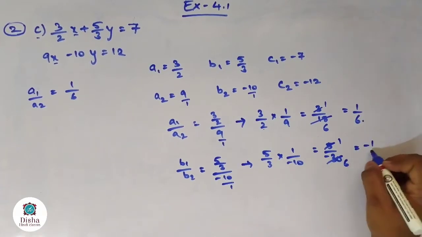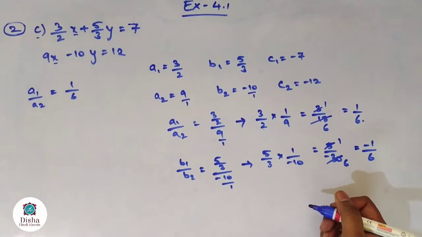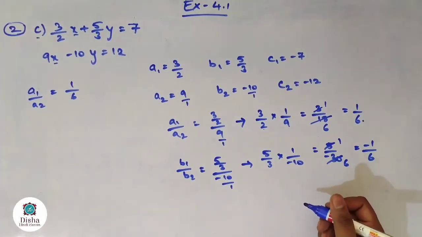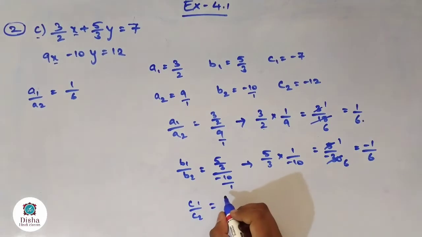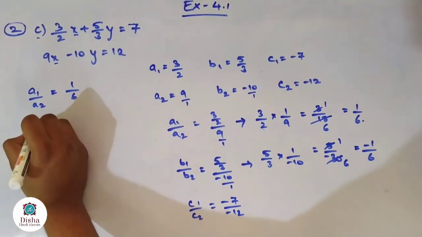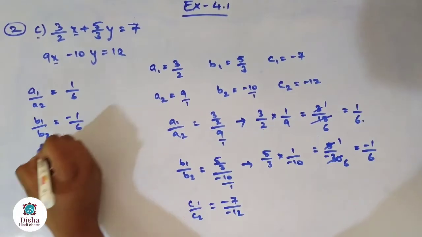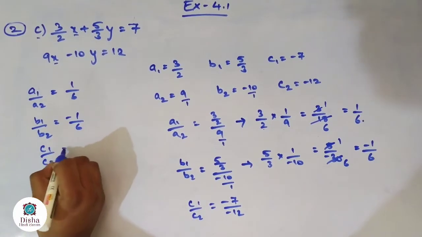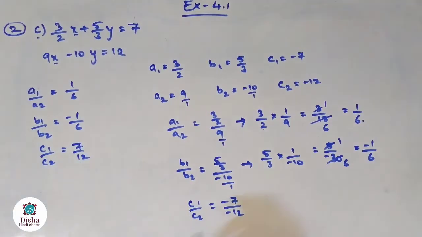So it will be minus 1 by 6. Next we have C1 by C2. That will be equal to minus 7 by minus 12. So B1 by B2, let us write here, that is minus 1 by 6. C1 by C2 equals 7 by 12. Minus minus gets cancelled, right?